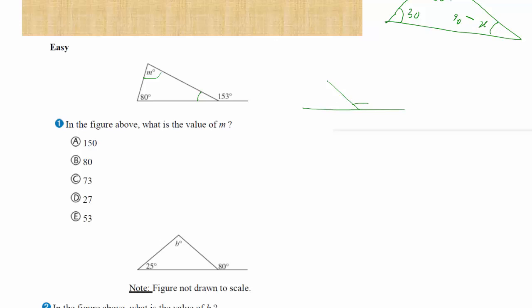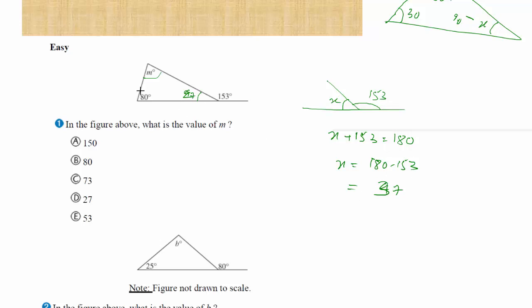If this is 153, then x plus 153 equals 180, so x equals 180 minus 153, which is 27.